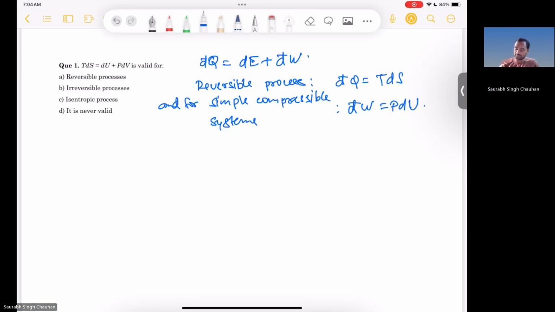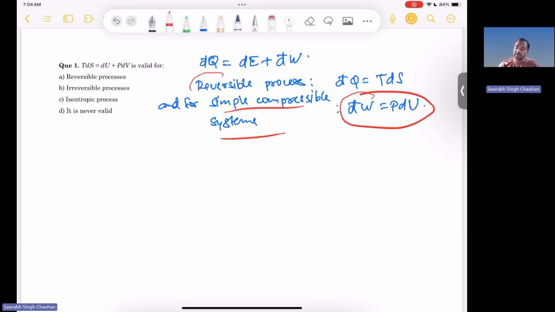Okay. So for this relation, dW is equal to PdV, there are two assumptions: the system should be a simple compressible system, but the system should also be reversible, right?